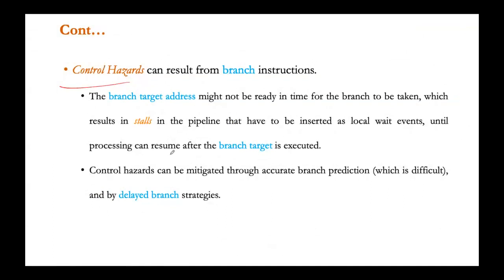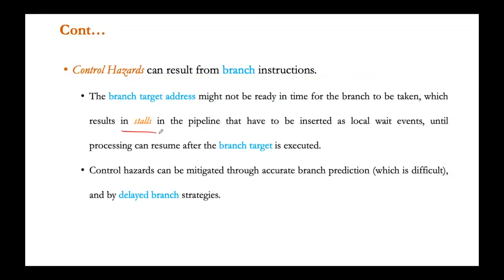The third one is the control hazard. This control hazard comes because of branch instructions. In branch instructions, the branch target address which we calculate depends upon the Z flag register, which might not be ready in time for the branch to be taken.